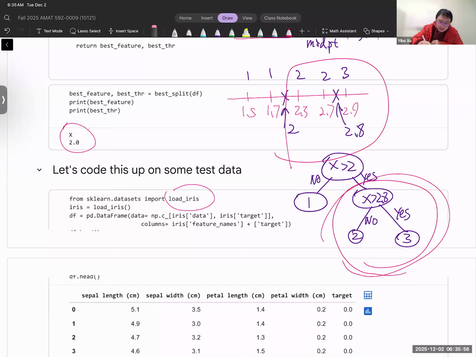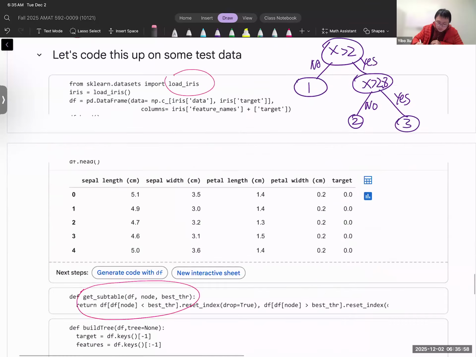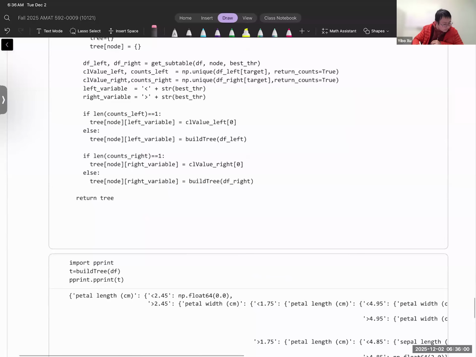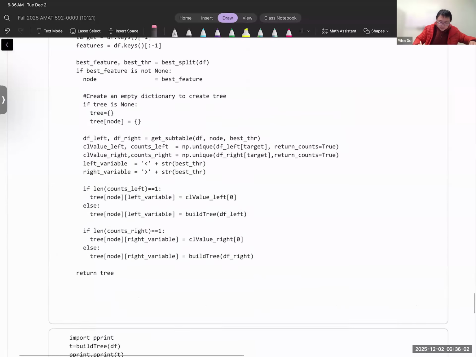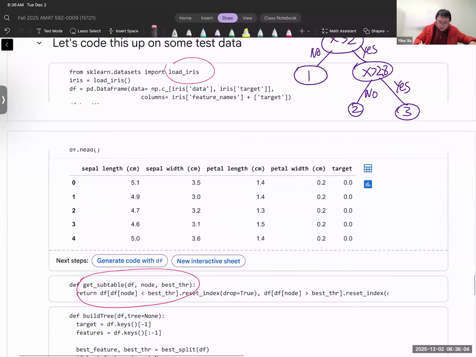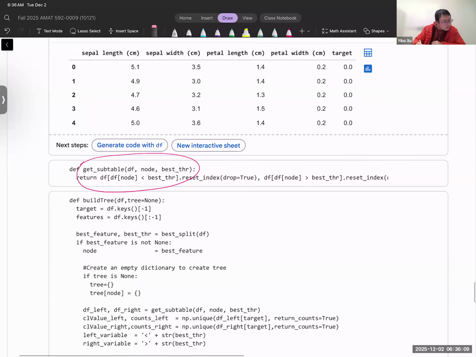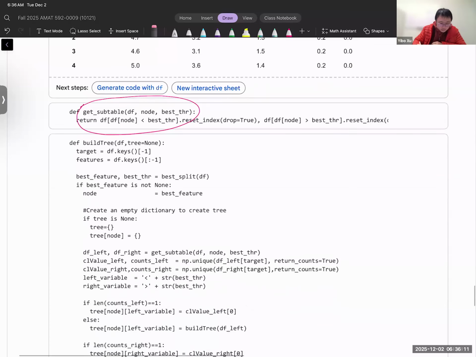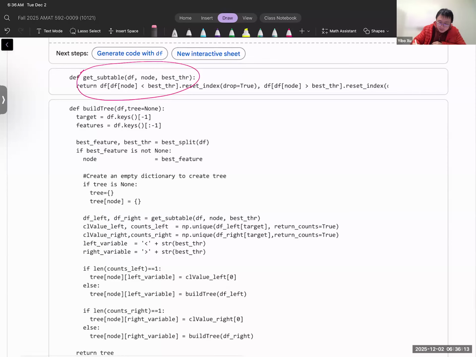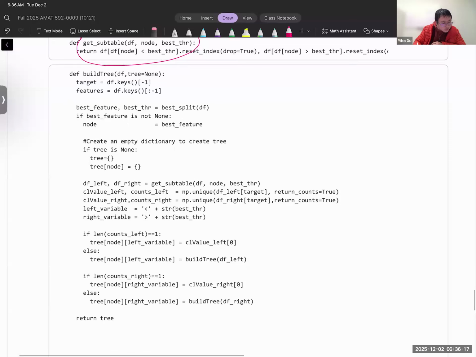That's really standard, what we have seen from before. So that's the Iris data set that we mentioned. To get the subtable, that's the same thing from before. And now build a tree.